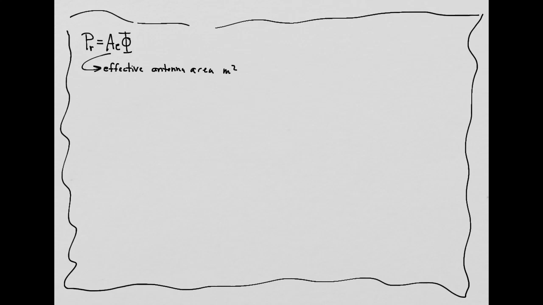And then we also have this quantity phi, which is called the power flux density. That's just a fancy word, but really it's the amount of power per unit area sitting on the surface of this sphere.